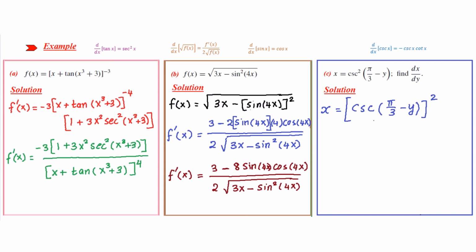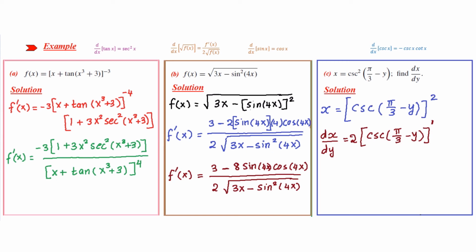Now you can start the derivative using the power rule firstly. So dx by dy equals, put down the power 2, multiplied by the same function, cosecant pi over 3 minus y to the power 1, then multiply by the derivative of the inside function.